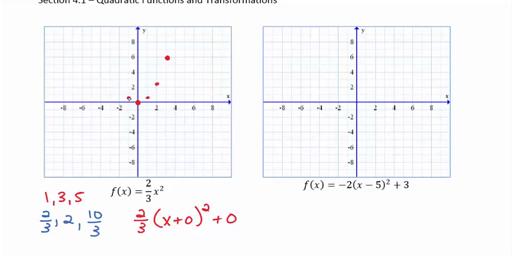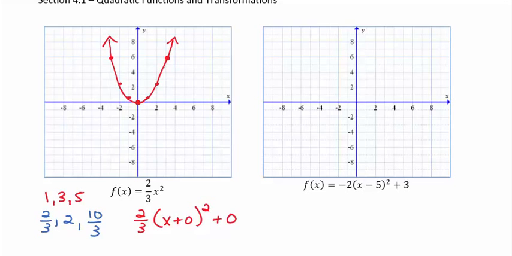Then do the same thing again. And see, because this is a fraction, the parabola is a little wider than it was before.